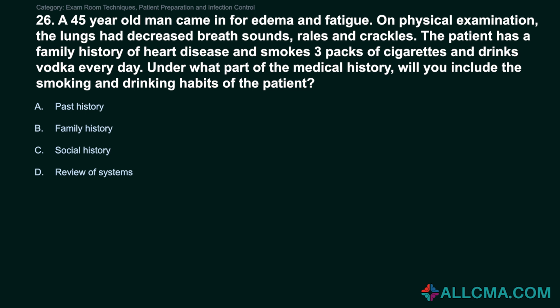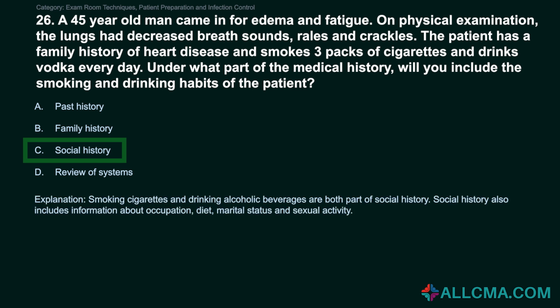B. Family history. C. Social history. D. Review of systems. Correct answer, C. Social history. Smoking cigarettes and drinking alcoholic beverages are both part of social history. Social history also includes information about occupation, diet, marital status, and sexual activity.